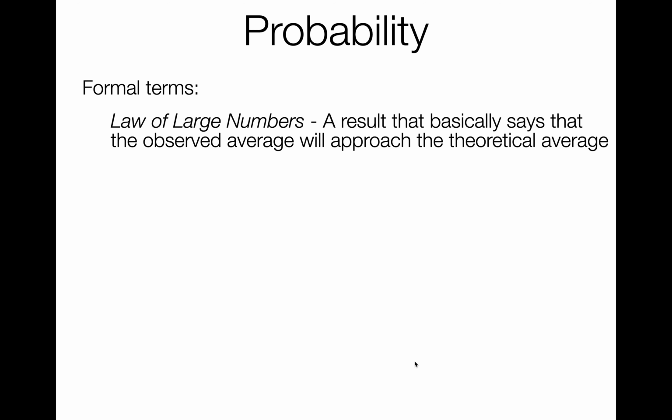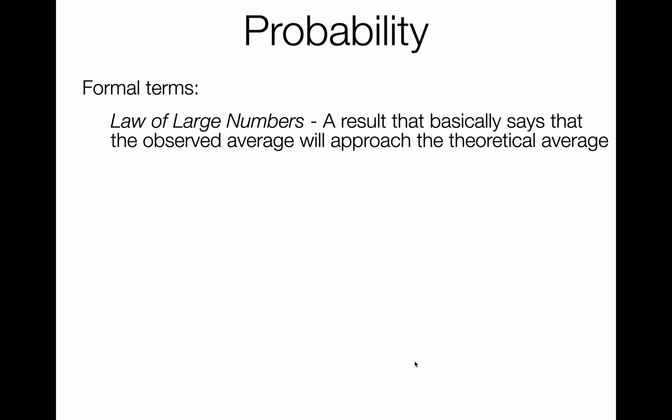So formally, it says that the observed average that I see of that random phenomena will approach the theoretical average of what is going on behind the scenes. Okay? And so I flip a coin 1 million times and then I look at the proportion of heads. That's my observed average. Okay?